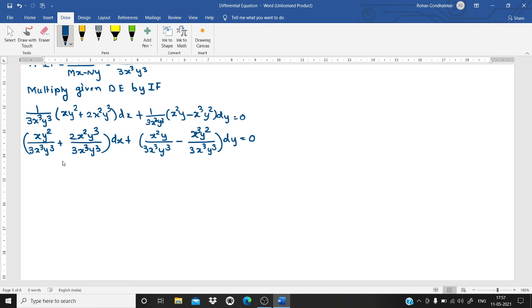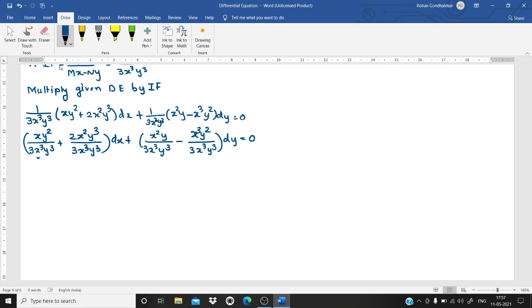After simplification, in the first term there is x in the numerator and x cube in the denominator, so in the denominator we get x square, and 3 is also there. In the numerator we have y square and in the denominator y cube, so we get y in the denominator. So 1 upon.